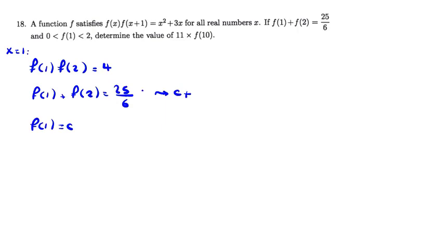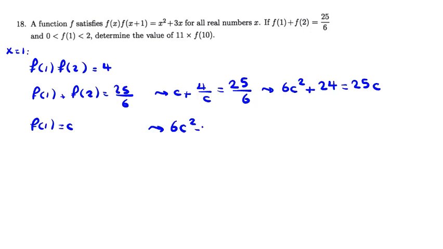So here c plus f of 2, which is 4 over f of 1, which is 4 over c, equals 25 over 6. We multiply both sides by 6c. Then we have 6c squared plus 24 equals 25c. Now we conclude 6c squared minus 25c plus 24 equals 0.